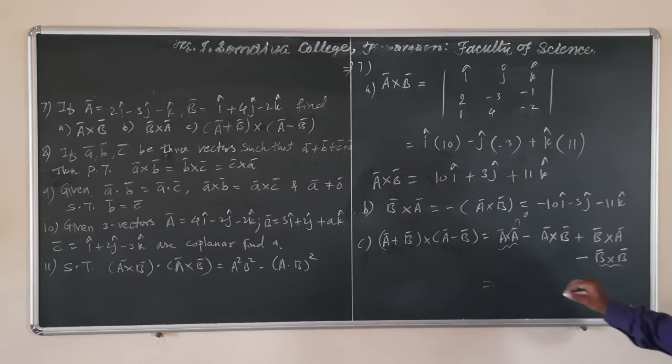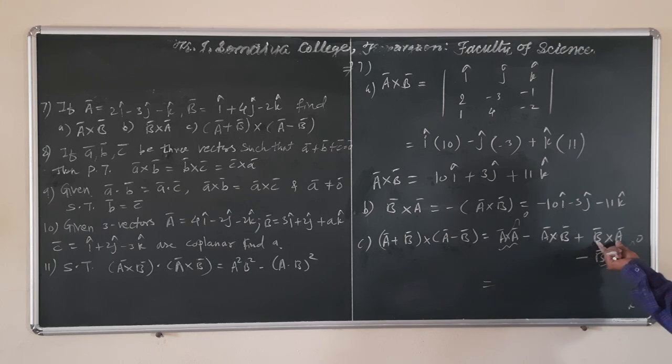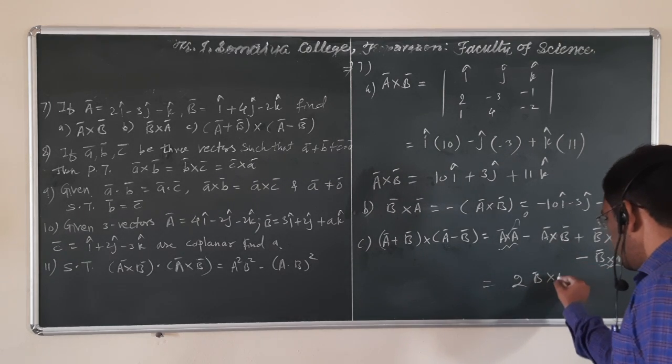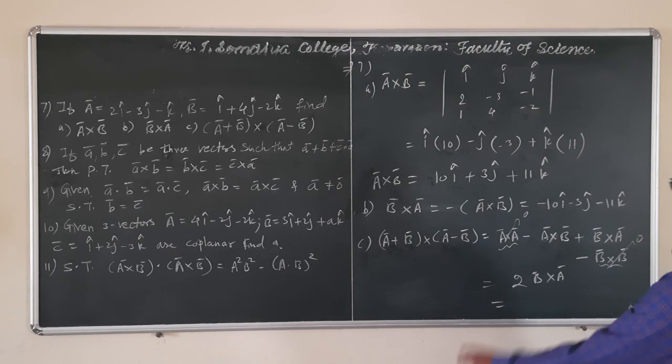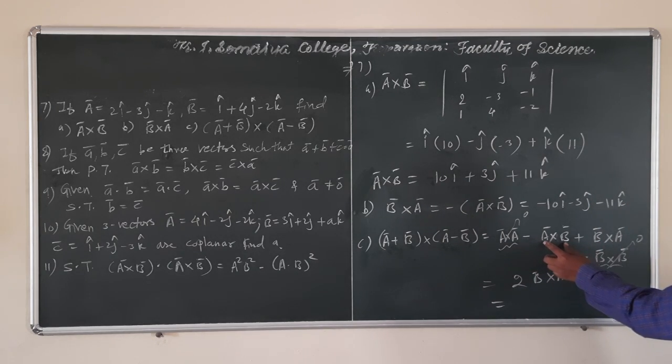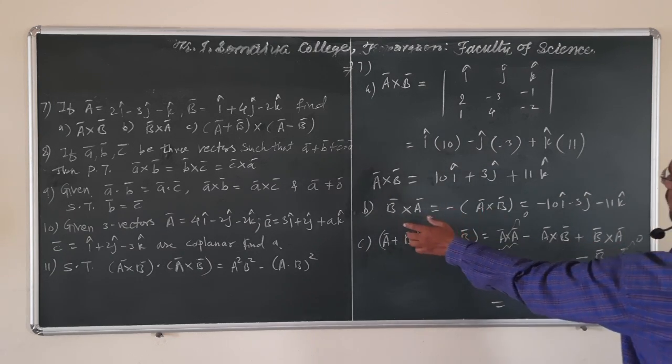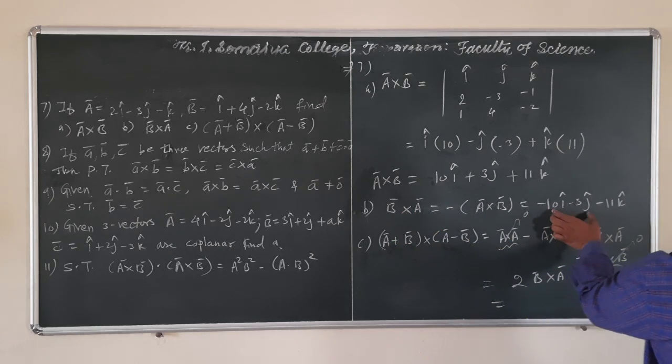So these terms become 0, and here you get A cross B as minus B cross A, or B cross A is minus A cross B. If you write this as minus B cross A, that is nothing but 2 times B cross A, which is B cross A plus B cross A. We already found vector B cross A, now we multiply this vector by 2.